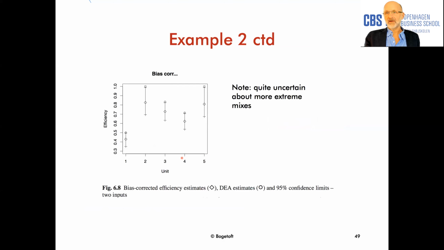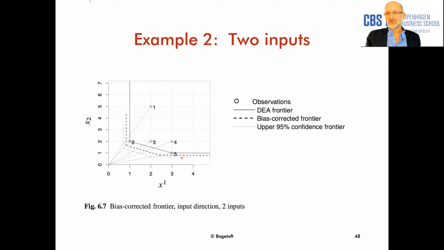And here again you have this picture. So here you see that 2 and 5 have relatively high uncertainty about what the bias corrected efficiencies are. That's 2, because it's sitting here, it has no one to directly be compared to, because this one is so far out anyway.